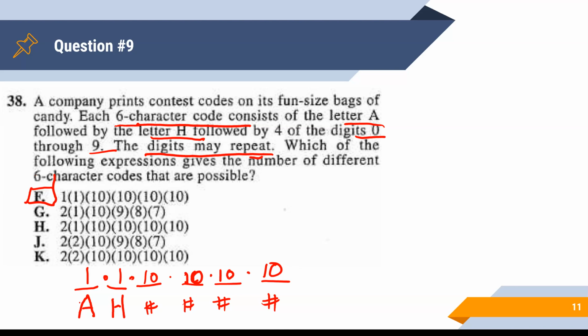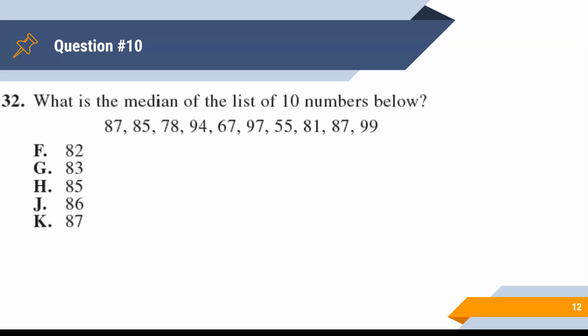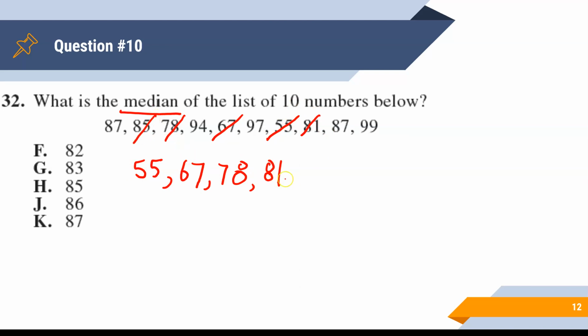Okay, one more to do. I want to find out the median. So we're going to write these numbers in order from smallest to biggest. I think I see 55 is the first one. 67 would be the next largest, and then a 78, and then 81. And then I think 85 is next.